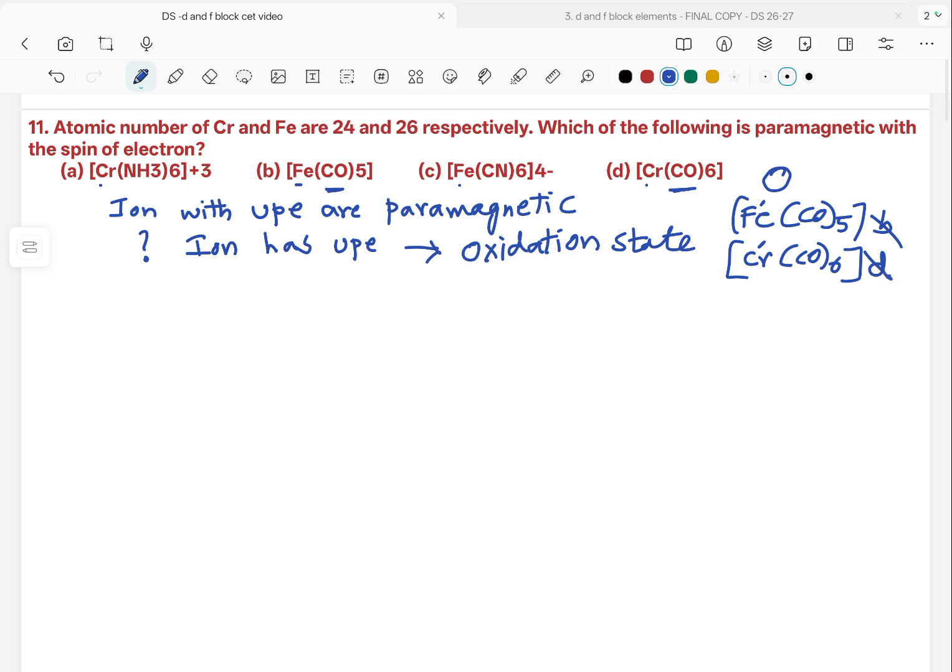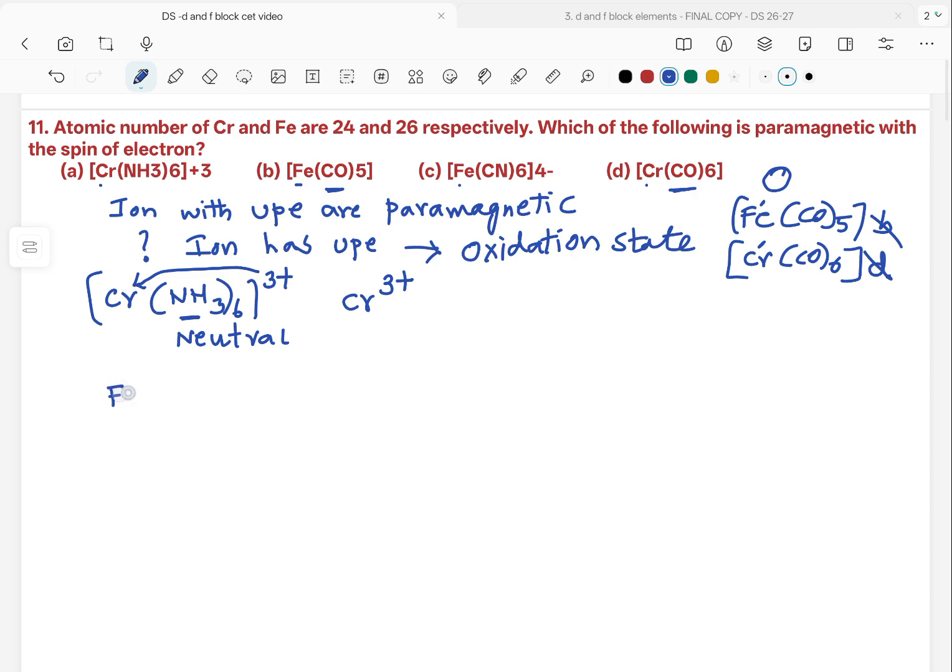Now let's talk about A option and C option. A option, Cr(NH3)6 3 plus. Here amine is a neutral ligand. Therefore, whatever the charge carried on the complex will be the charge of the ion. Meaning here chromium exists in 3 plus state.